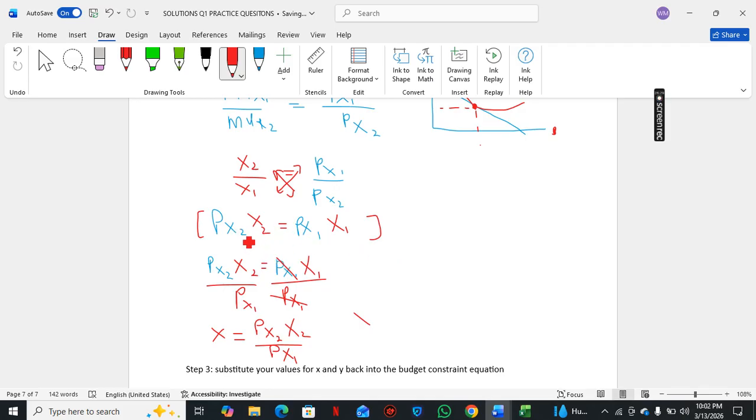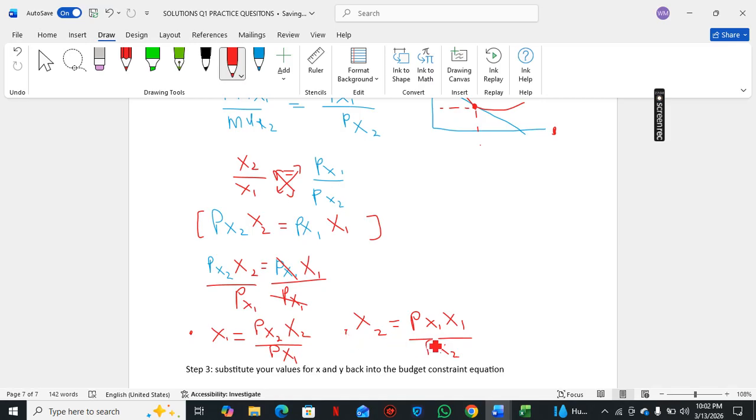For X2, divide both sides by PX2 and you're going to get this expression: X2 equals PX1 X1 over PX2. So after you get this expression in step 2, just make X1 and X2 the subject of the formula. Okay.